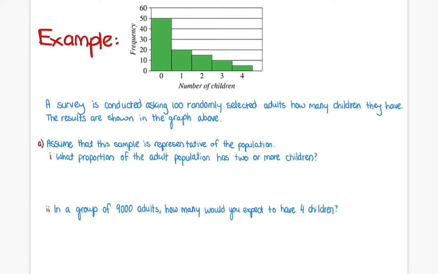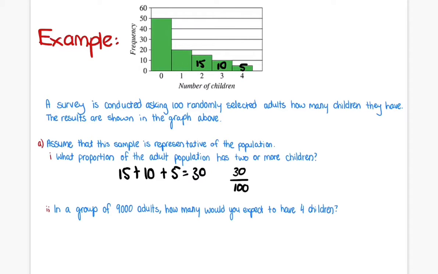To do this, I look and go, what numbers were there of 2, 3, and 4 kids? Here we had our 15, 10, and then 5. I'm going to add those together, so 15 plus 10 plus 5, and what that gives me is 30. I'll then put that in a fraction as 30 out of 100.